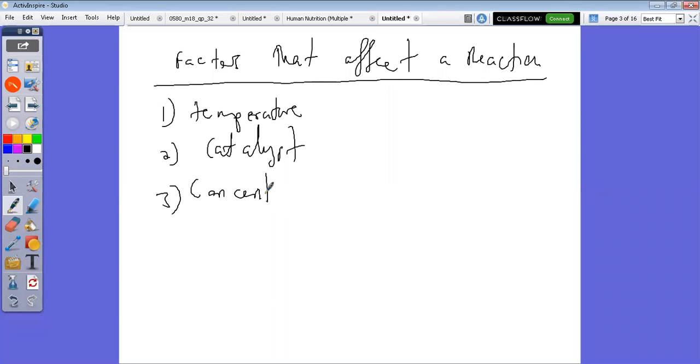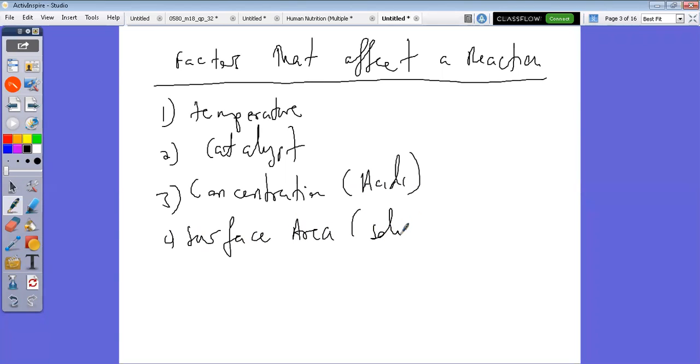Concentration is mainly to do with acids, we'll talk about it just now, and surface area is to do with solids. All together: temperature, catalysts, concentration, surface area. Those are the factors that affect a chemical reaction. Is that clear?